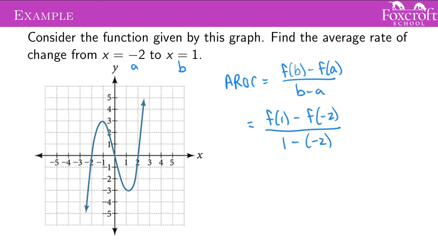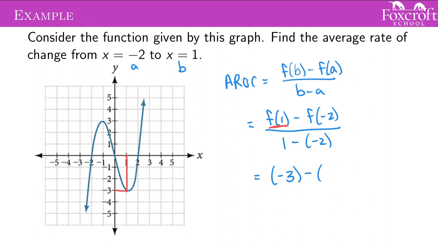So the first big step of average rate of change, after I've plugged in the numbers I care about, is to figure out what is f of 1. And this was on our previous learning objectives. If I'm looking at a graph, f of 1 means my x value is 1, and I figure out what y value goes with that. So with that x value, I get the y value -3. So instead of f of 1 there, I'm going to have -3.